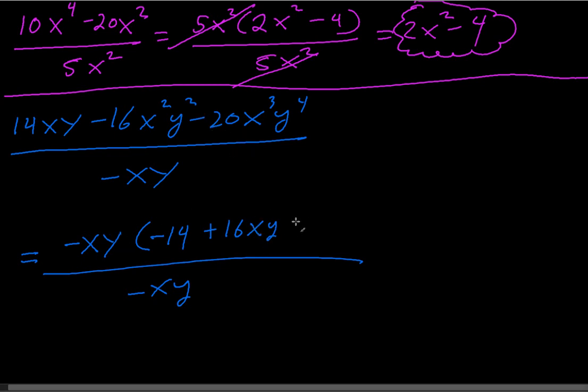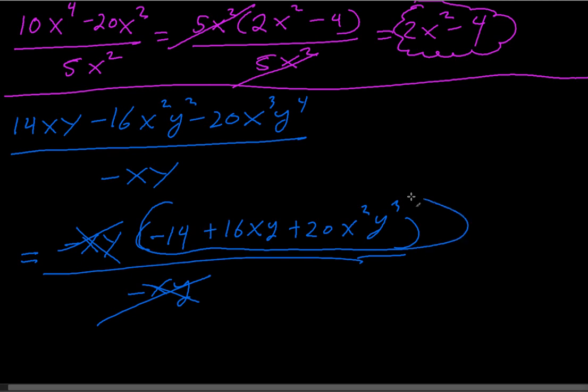Now this is negative, so I have to make that positive, so when it redistributes, it's still true. X to the 3rd, since I'm taking 1 away, it's x squared, and then y, since I'm taking 1 away, it'd be y cubed. Now, I factored out negative xy, so I can just get rid of it. And so this is now the answer. So technically, I did divide. I just divided by factoring. Much easier.